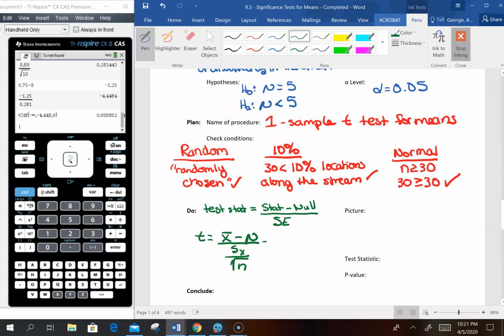Okay, so plug in those numbers. That's 4.77 minus 5 over 0.939 divided by the square root of 30. And when I mash those buttons in my calculator, I'm going to end up with negative 1.342. All right, so that's my test statistic. That's right here.